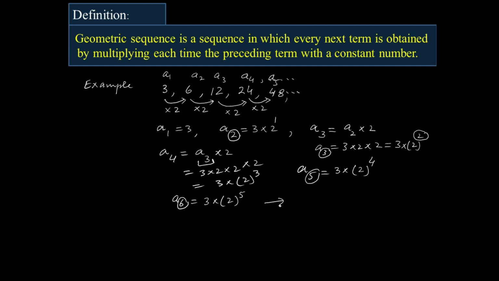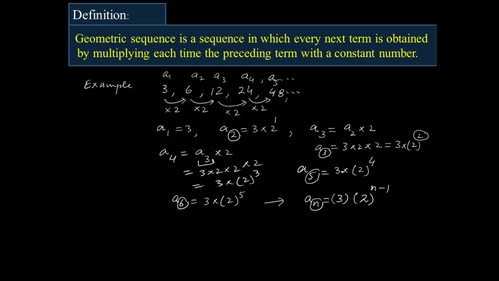In this way we can deduce that an can be written as 3, which is the first term, multiplied by the multiple, which is 2, power 1 less than the term number, so n minus 1. So this is the general term. How is this obtained?